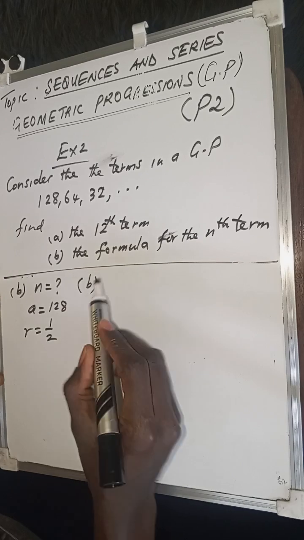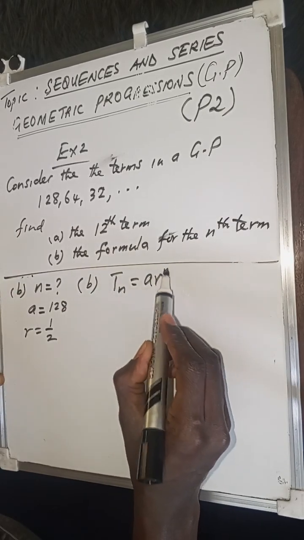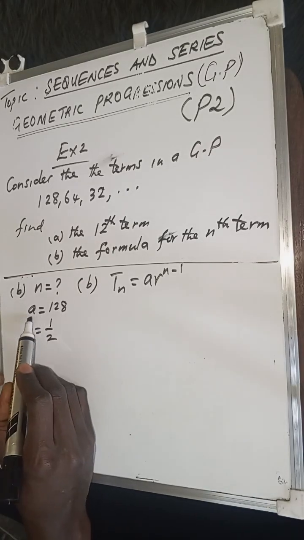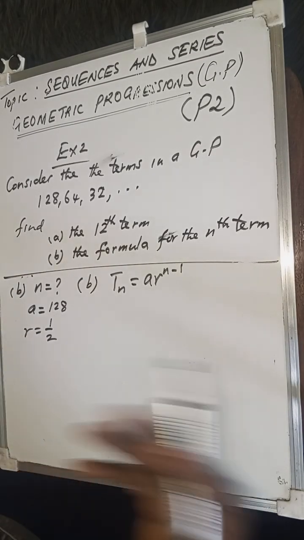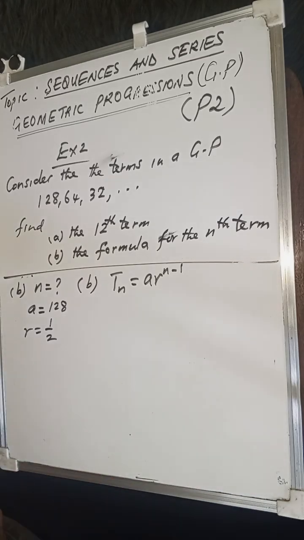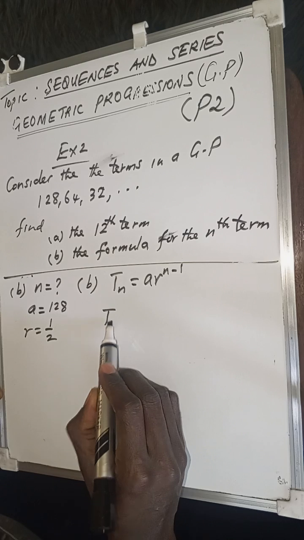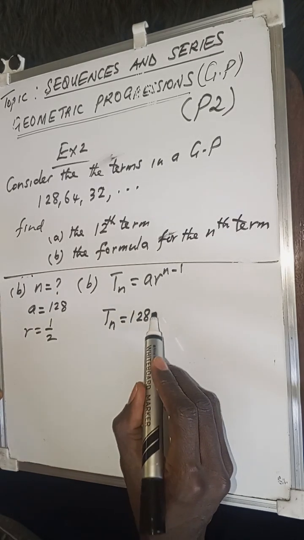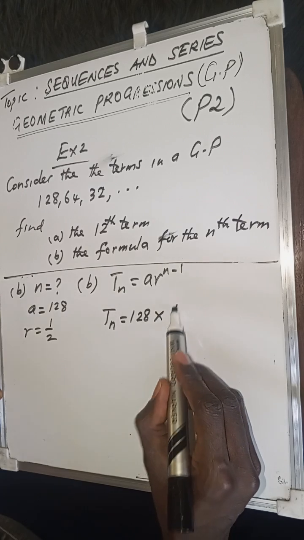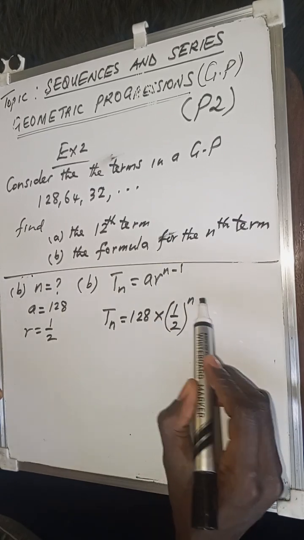So to find the formula for the nth term, we replace the first term and the common ratio, but we don't replace n. And when you reduce it to its simplest form, that is what we call the formula for the nth term. So that is going to be Tn is equal to the first term, 128, multiplied by the common ratio, 1 over 2, raised to the power n minus 1.